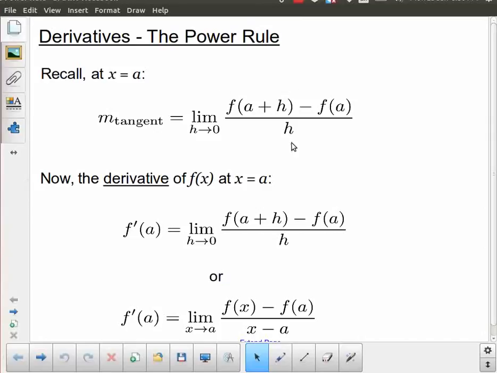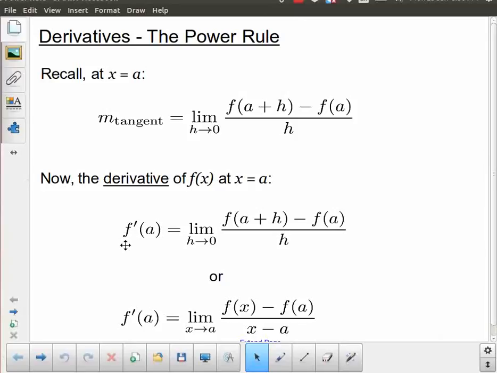So what I have here is simply the slope, and then I ask myself, what happens to that slope as h gets vanishingly small, as it approaches 0? This is the derivative. So as you can see here, nothing new. All I've done is gone from referring to the slope of the tangent explicitly and just calling that the derivative.